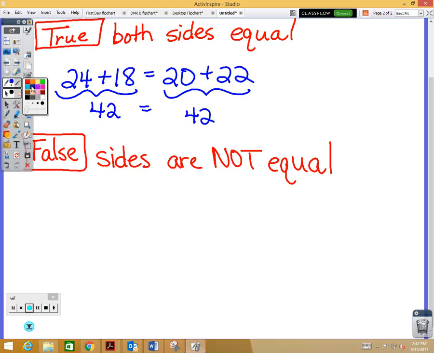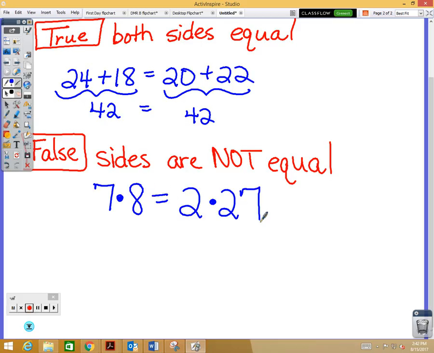For instance, if we had 7 times 8 equals 2 times 27. Seven times 8 is what? 56. 2 times 27 is 54. They're not equal. It is false. It is a false equation. So true equations, false equations. Notice that this false equation doesn't have any variables either.